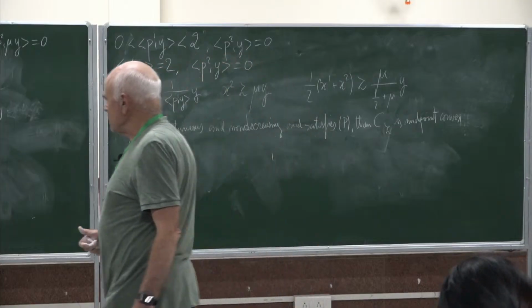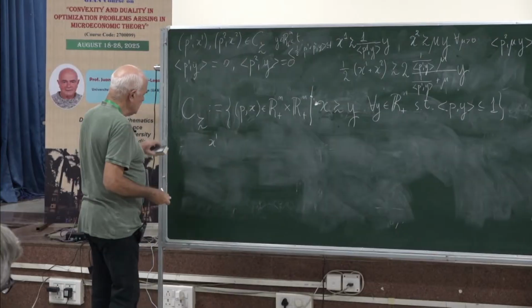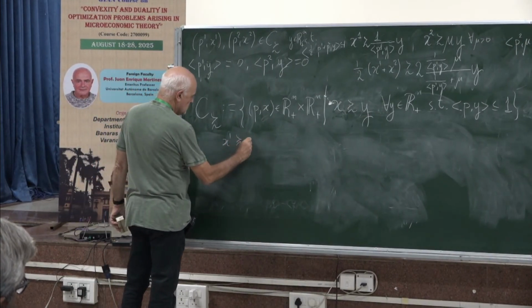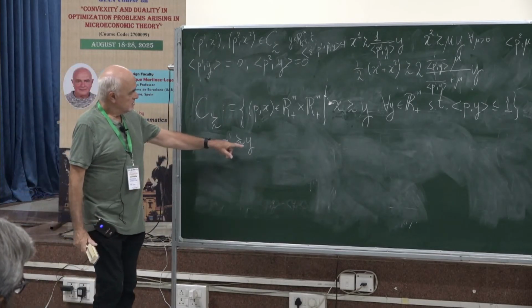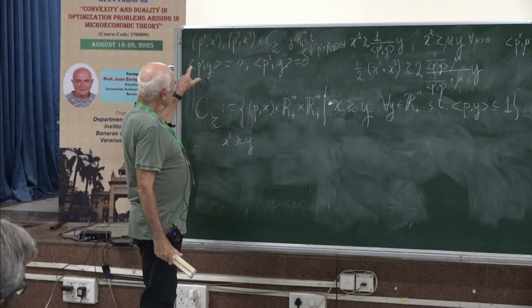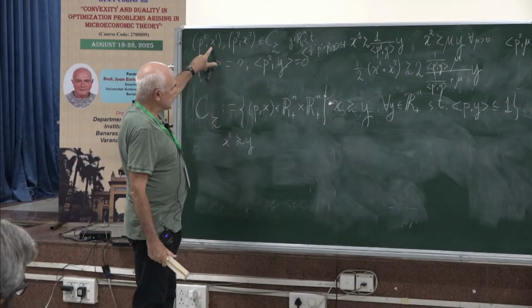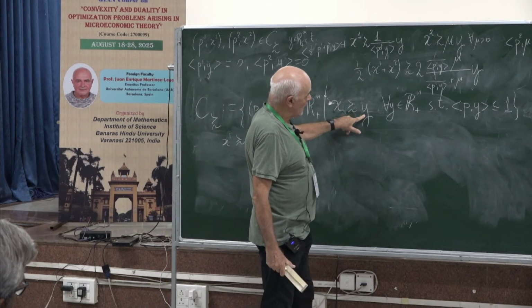Yeah, it's much easier. I was going to play with lambda and mu arbitrary, but there is no need. So then x1 is preferred to y, because P1 x1 is here, which means that I prefer x1 to anything which is affordable under P1.